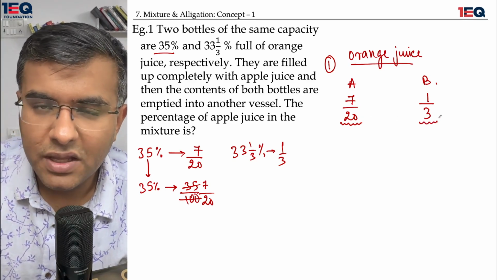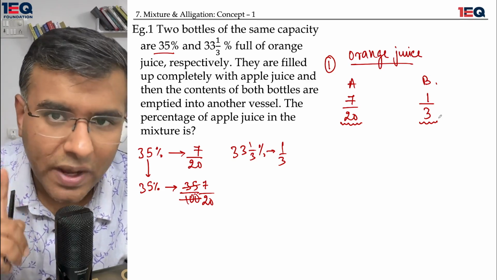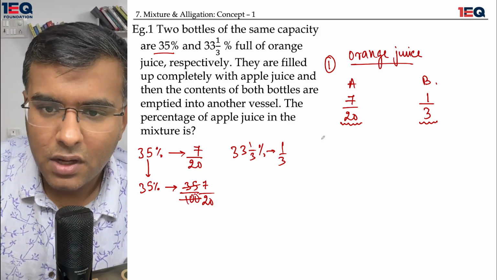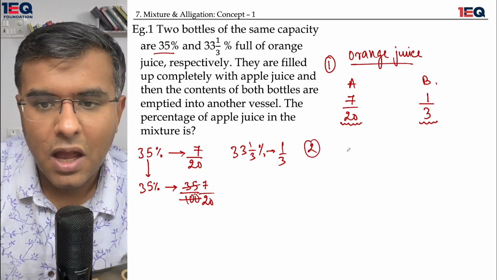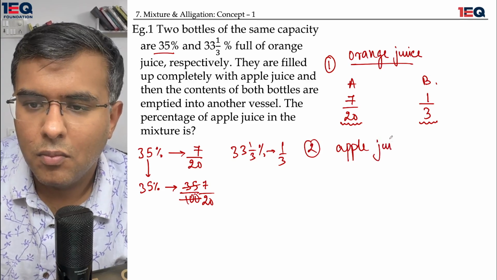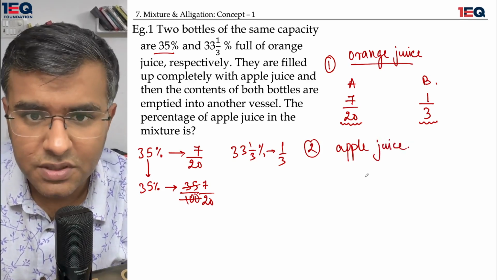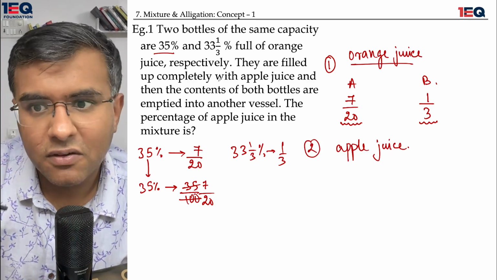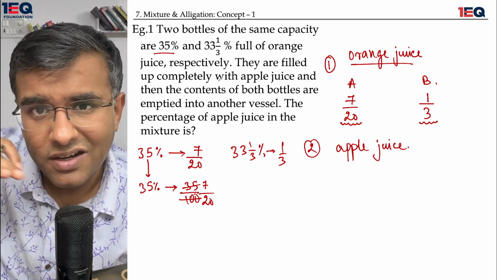Similarly, in bottle B, out of 3 spaces, 1 has already been filled by orange juice. Now comes into the picture apple juice. Apple juice would be topping it up, which means filling the bottle till the brim.